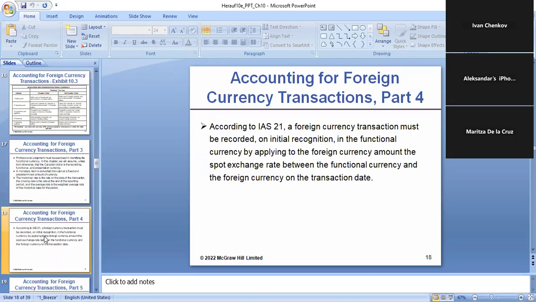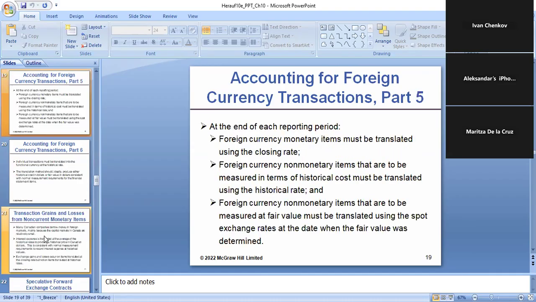Because once you establish the Canadian dollar as a functional currency, every other currency is a foreign currency. And we're going to apply the spot rate, translate the foreign currency into Canadian dollars, and record it in Canadian dollars, which is the functional currency.